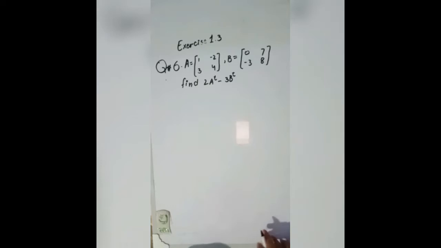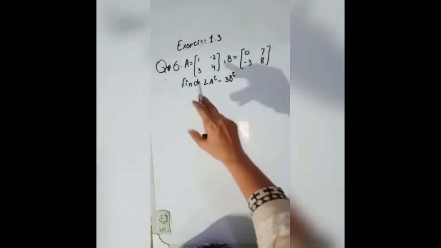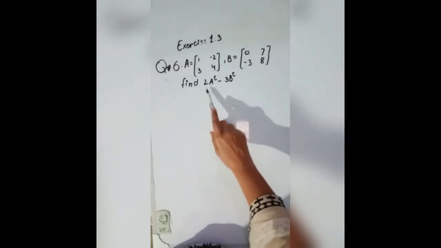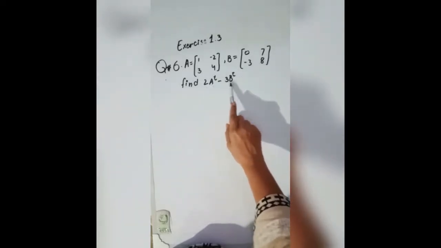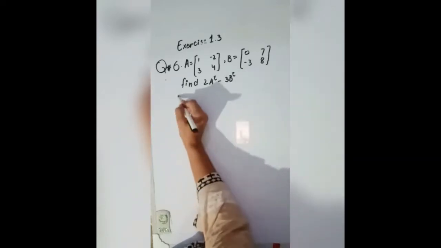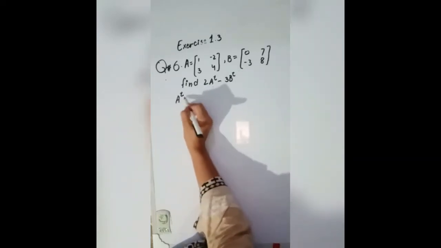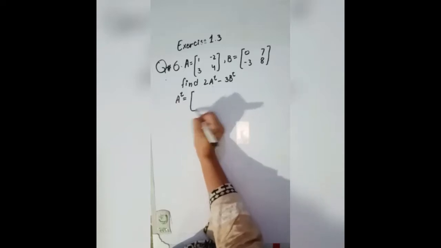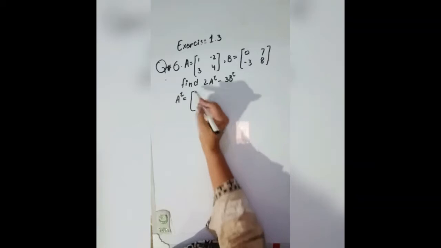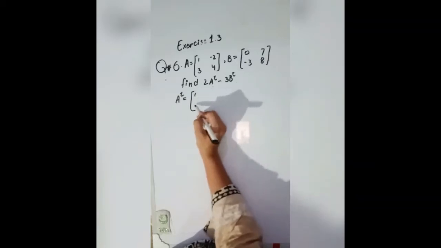Question 6 is what? इसमें हमने फाइंड करना है, हमें A और B मैट्रिसेस गिवन है और हमने फाइंड करना है 2A ट्रांसपोज -3B ट्रांसपोज. For this we have to find first A transpose. A transpose is what? We have to change the rows of A into columns of A. First row is 1 and minus 2.